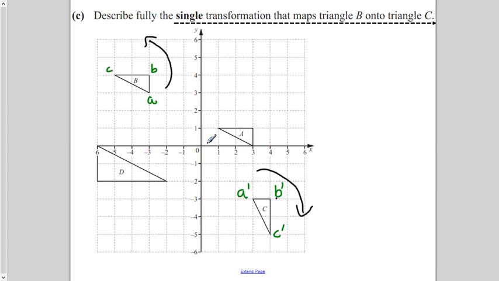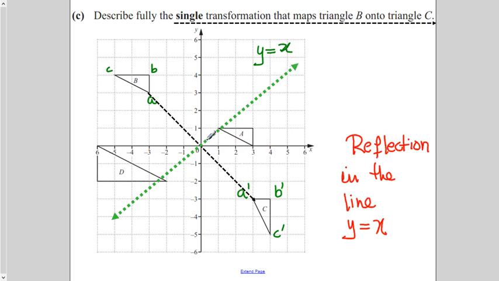The method to find the line of reflection is that you join any two corresponding points. For example, I have joined this corresponding point. You can join C by C dash or B by B dash, whatever, but just one point, okay? And then draw the perpendicular bisector of it. This bisector is basically the line of reflection. So it is your y equals x line.